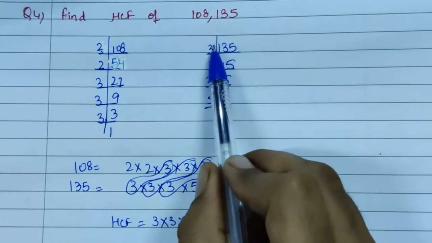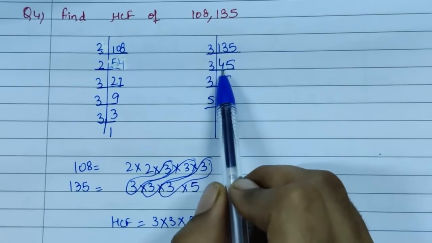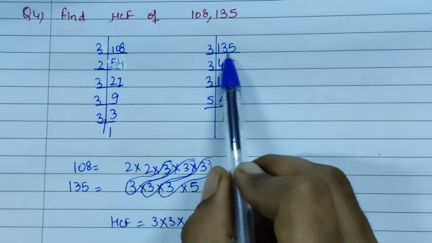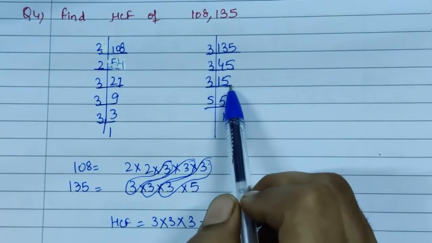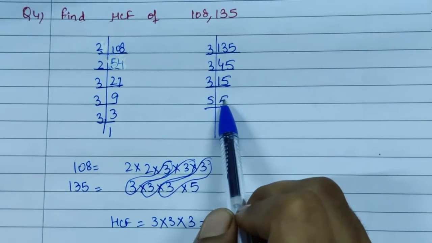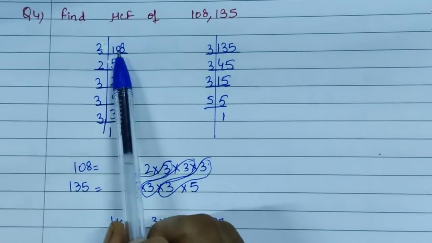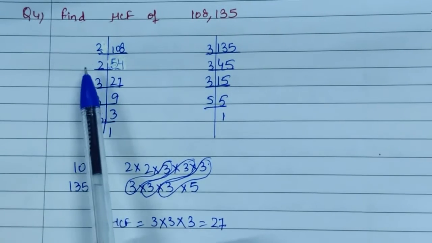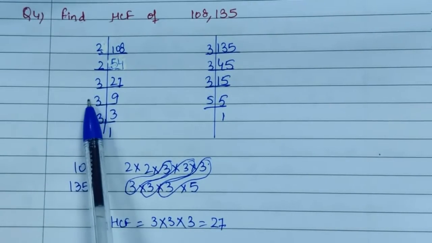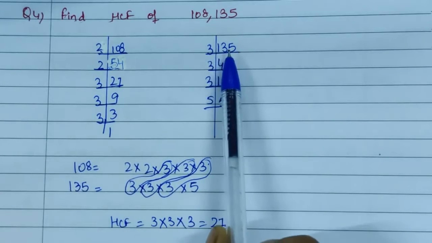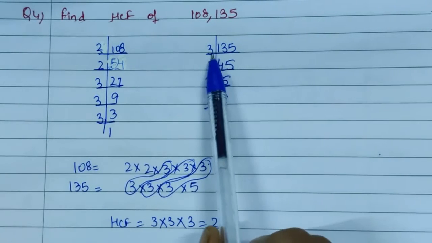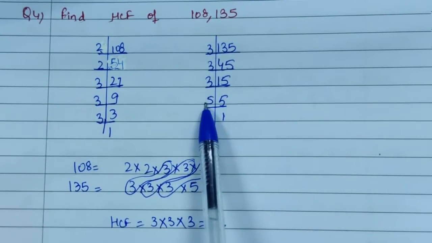Dividing by 3 gives 45, and 45 divided by 3 gives 15. 3 into 5 is 15, then 5 into 1 is 5. Now 108 is 2 into 2 into 3 into 3 into 3, and 135 is 3 into 3 into 3 into 5.